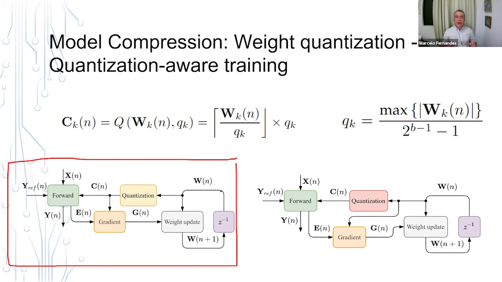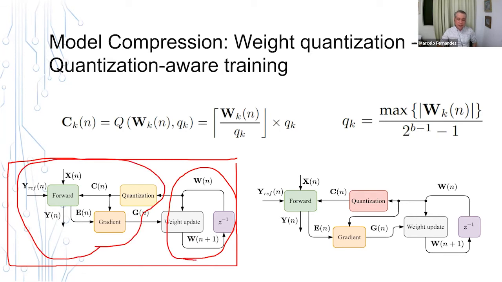It's like you have two DNNs working in parallel. You have the training part and you have the inference part, and the training part you do in float point, for example. You execute this part using float point.